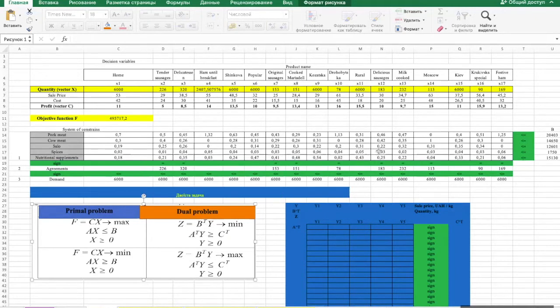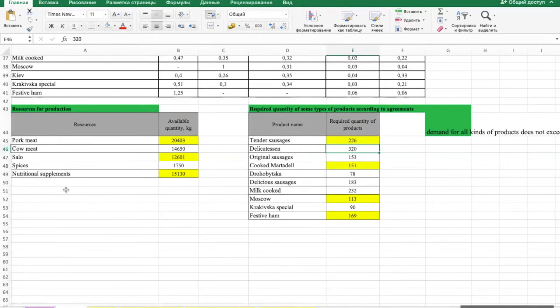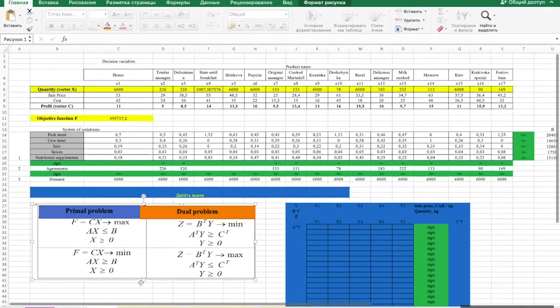So how many resources do we have and what are these resources? We have our data set. What kind of resources do we have? Pork meat, cow meat, salt. So we have 5 kinds of resources, and each of these resources we can sell to get some amount of money, but we don't know what price we need to use to sell each resource.